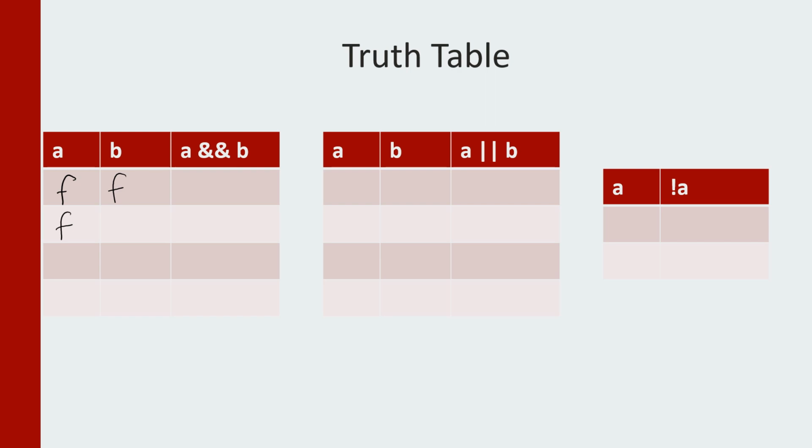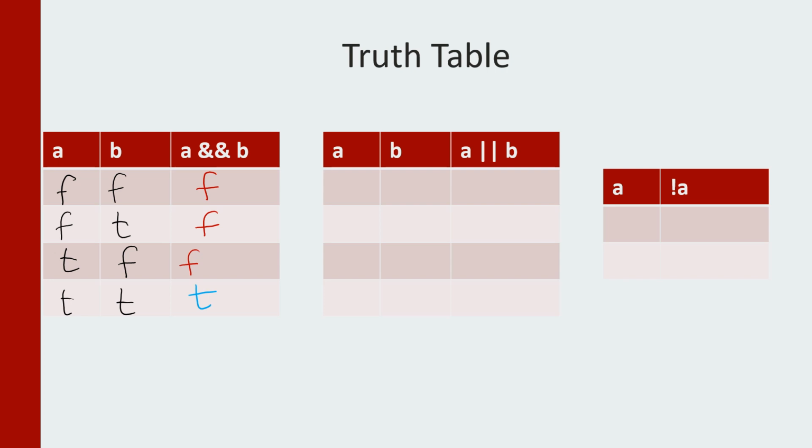A could be false and b could be true. A could be true and b could be false, or they could both be true. And now, if I want to evaluate and, I know that they both have to be true for the whole thing to be true. So it's going to work out that 3 of these are false, and only when they are both true is A and B true.